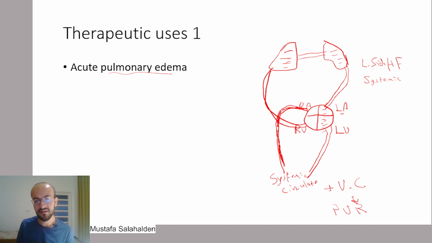So the left ventricle is going to be unable to pump blood because there is very high systemic peripheral vascular resistance, and this would lead to blood also collecting in the left side and subsequently collecting in the lungs.